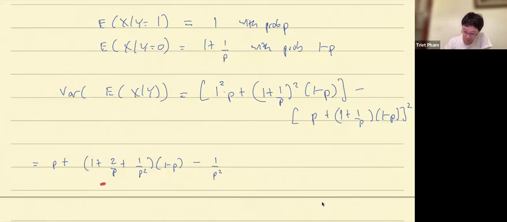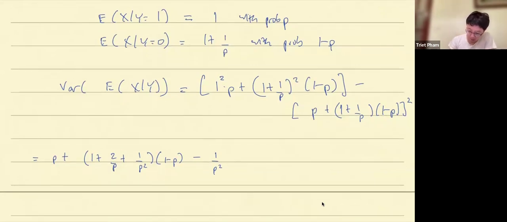And what do we have here? So that's 1 minus p, so that's just 1. And then you got 2 over p plus 1 over p squared, that's canceled with this. So we just get 2 over p, and 2 over p minus 1 over p is 1 over p. So we got 1 plus 1 over p.